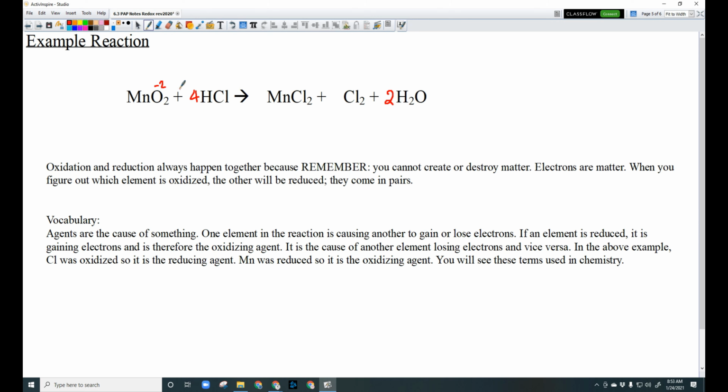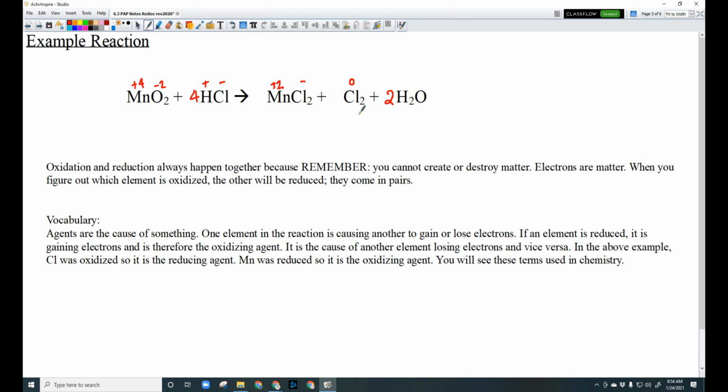Okay. All right, chlorine, -1. So that must mean hydrogen is a +1. Okay, here, chlorine, -1. We have 2 of them, so that means that this is +2. Okay, so elements that sit by themselves, elemental, diatomic elements, or anything that sits by itself, always has an oxidation state of 0.